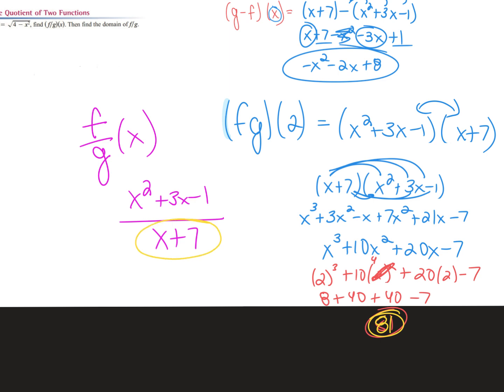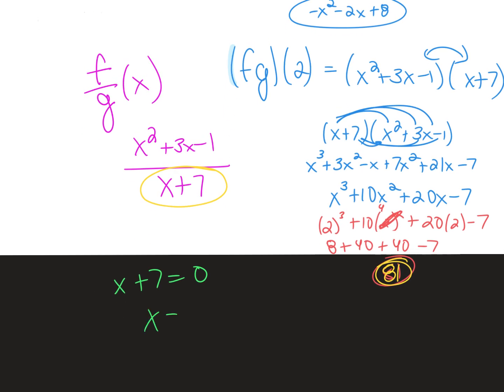There's one number in this case that I cannot use because it'll be undefined. So you take your denominator and say x plus 7, what will give me 0? If I have negative 7, what happens to my denominator? It becomes 0, so that becomes your domain restriction. You would say, I can use any number in the world except for negative 7.